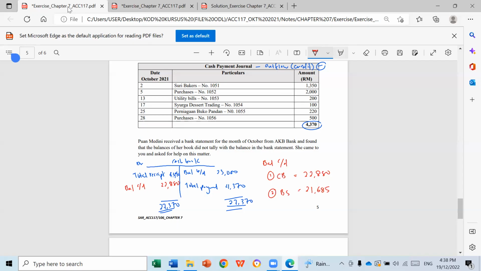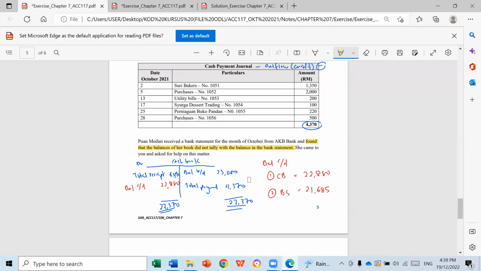That is why it is said that the balance of her book did not tally with the balance in the bank statement. This is how the working will be. We have to do extra working here to find out whether it is true or not that the balance in the cash book does not tally with the bank statement. We have found that yes, the balance does not tally.